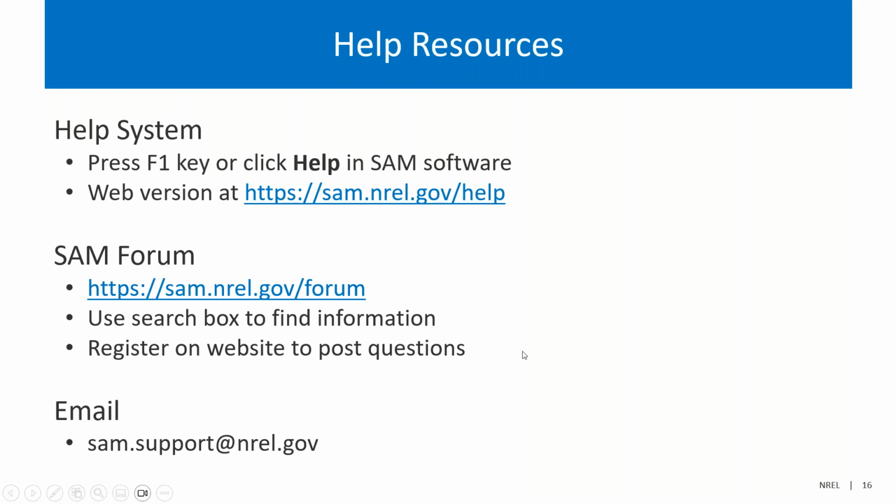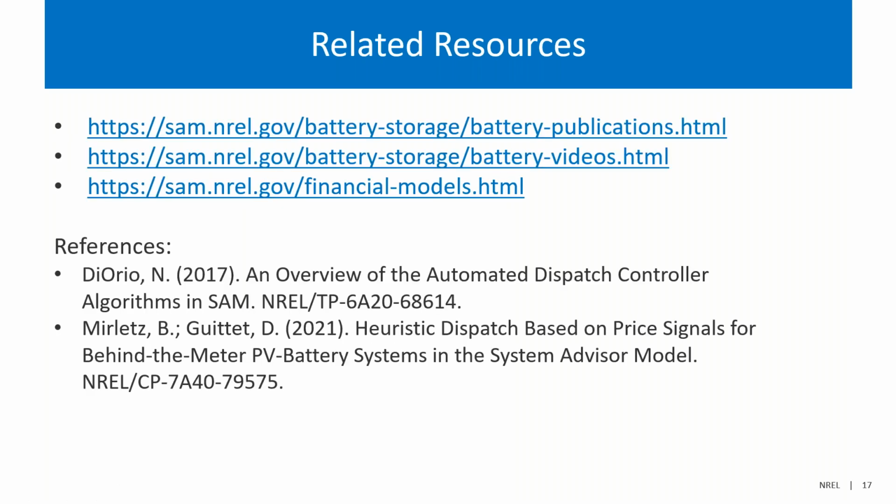And then if for some reason you can't post in the forum or want more direct support, you can email sam.support@nrel.gov. Related resources, we have details on all of the publications that underlie our battery models, all of the previous videos that we've made on battery trainings, and the financial models that are ultimately calculating that net present value. And then the 2 papers that underpin the peak shaving and utility rates dispatch algorithm are listed below.